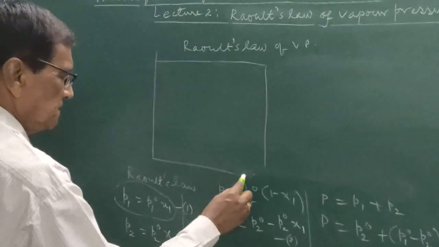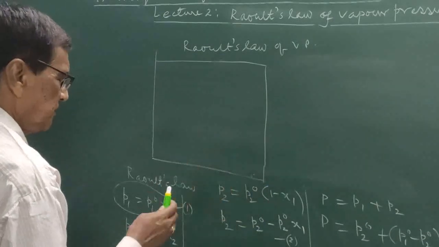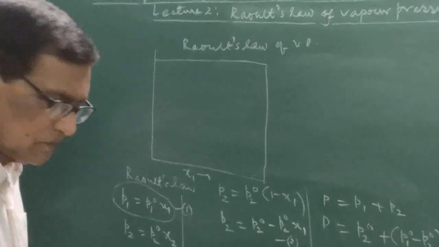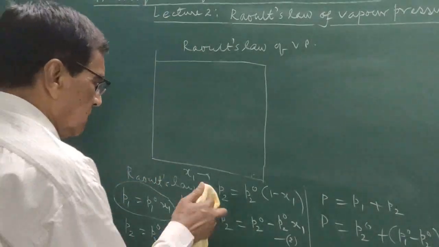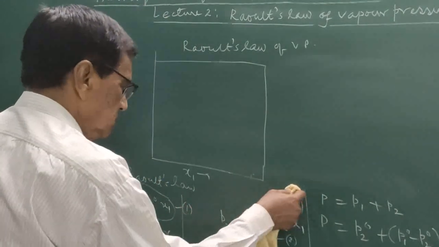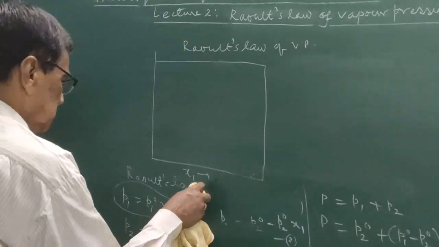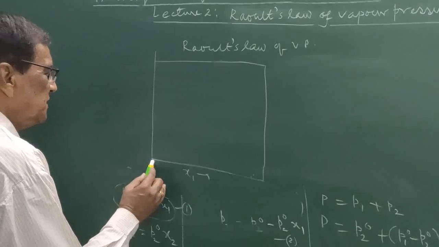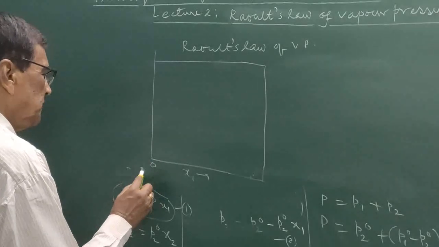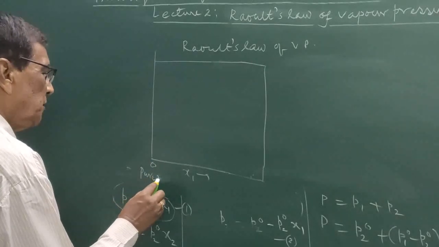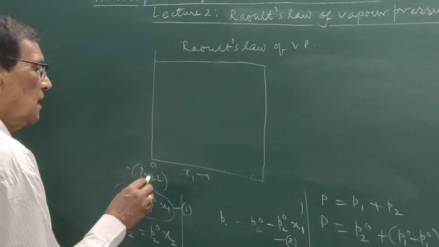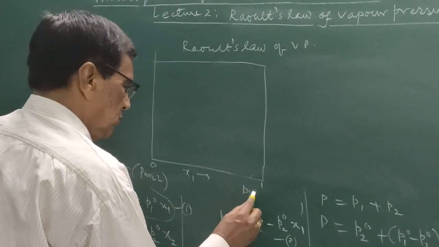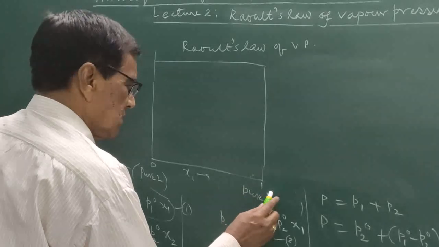Here X1 is 0, which means a pure second component, and here X1 equal to 1 means a pure first component.